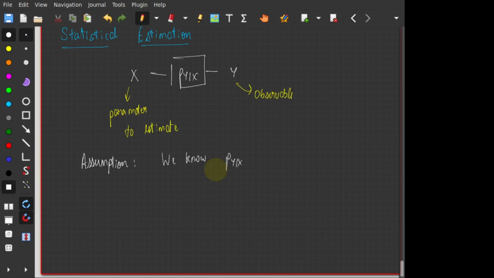You know p(x), and the goal is to estimate x from that. X is fixed but unknown. All you know is that x belongs to some set, and that's about it. So again, the problem is not fully specified yet, because I've not told you what constitutes a good solution to this problem.